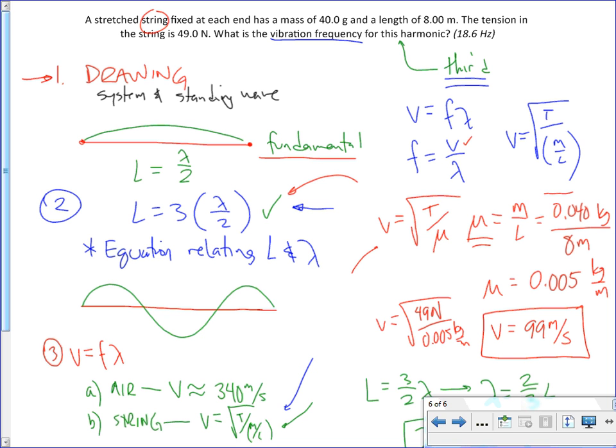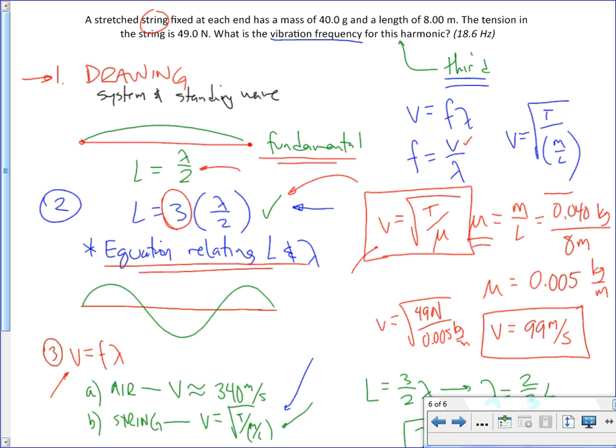I recommend drawing the fundamental, and then this is our third harmonic, so we do 3 times the fundamental wavelength there. That gives us this equation that relates L and lambda. It's an absolute must. And for some situations like the string problems, we have to go the extra step of calculating what v is.